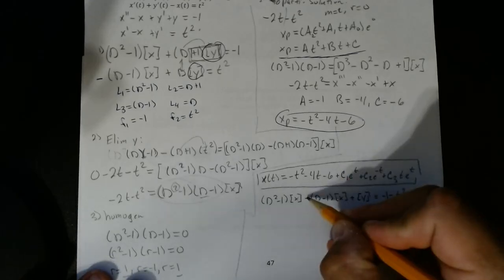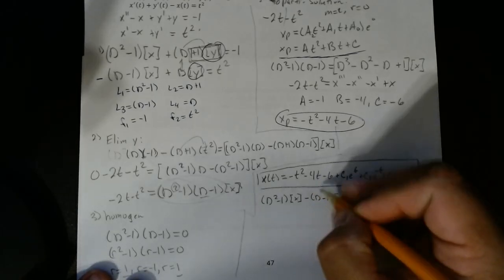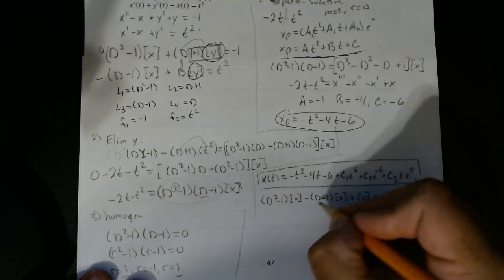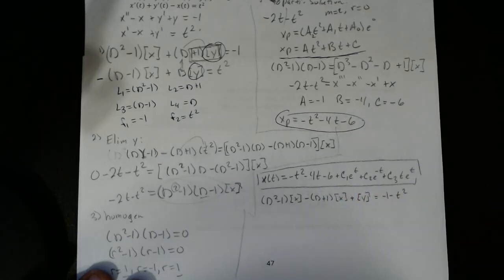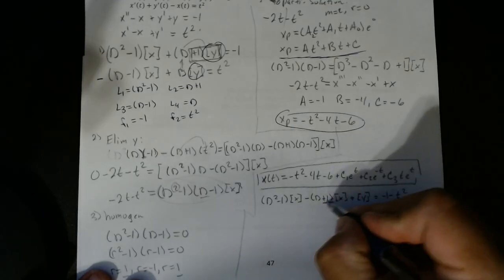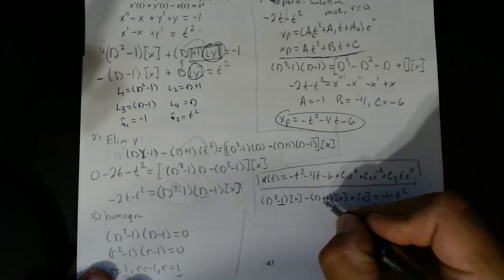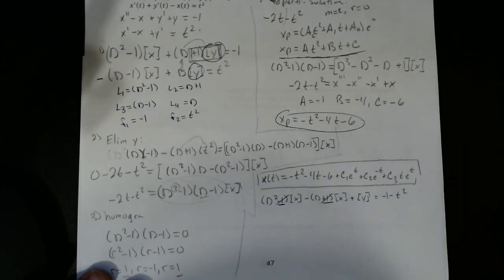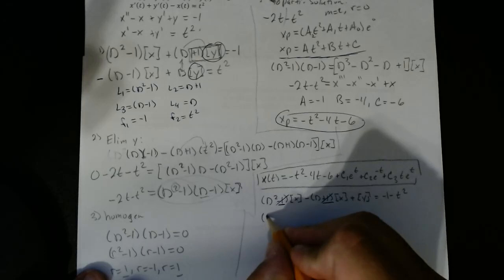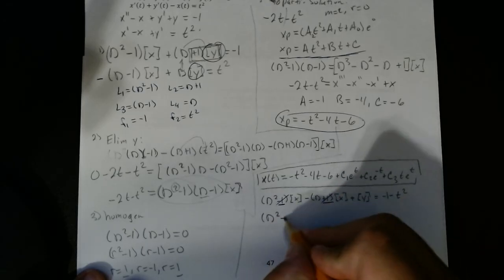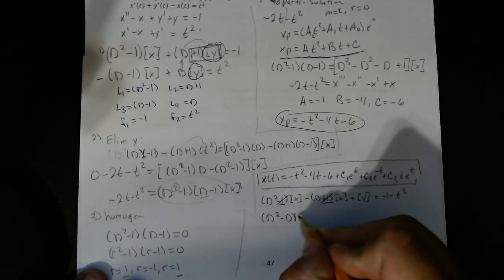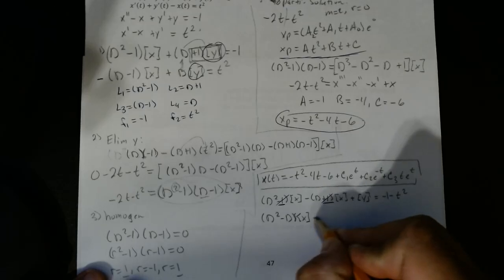And if I distribute these into the process, this ends up being a negative d and a plus 1. And again, this and this will actually cancel because it's minus x plus x. So they actually go away to just now this.